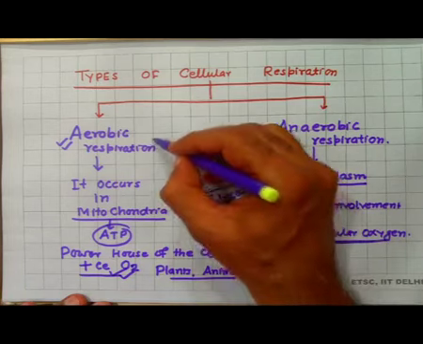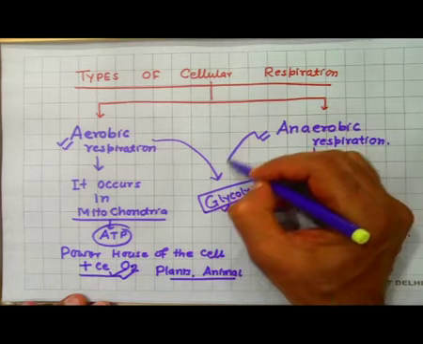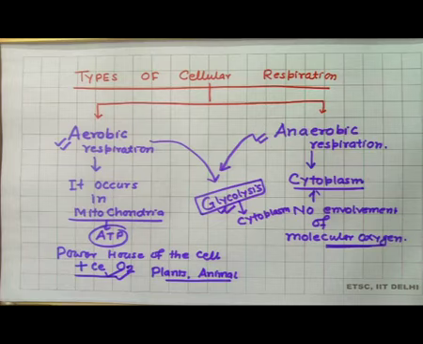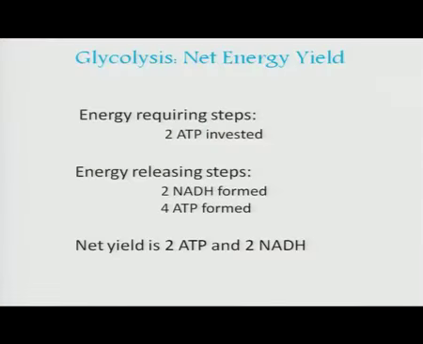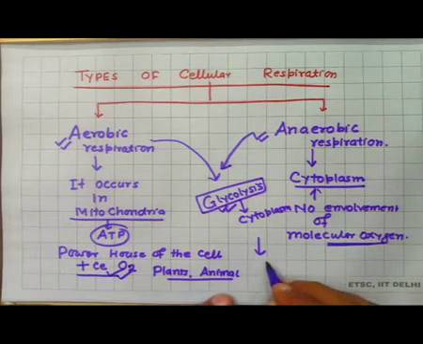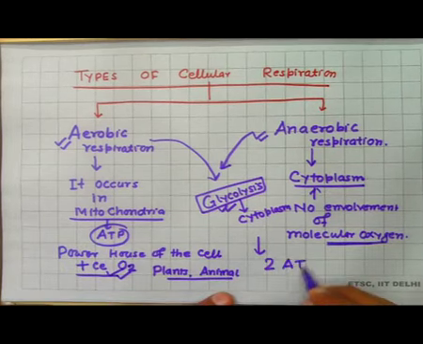It is common for aerobic as well as anaerobic respiration. In glycolysis, 2 ATP are released.